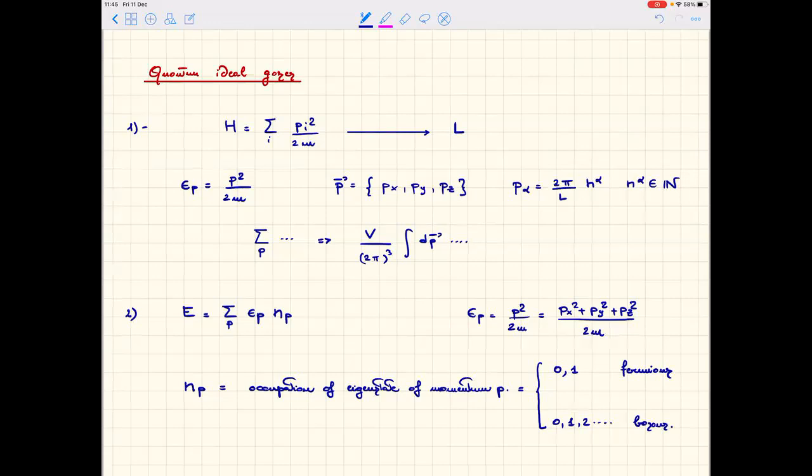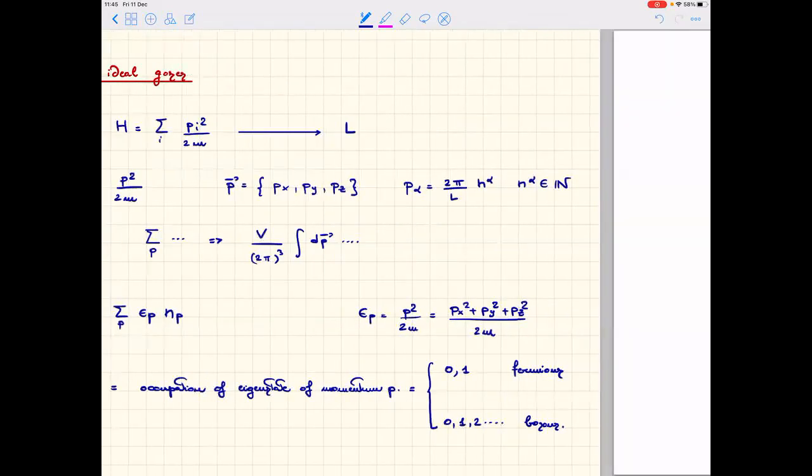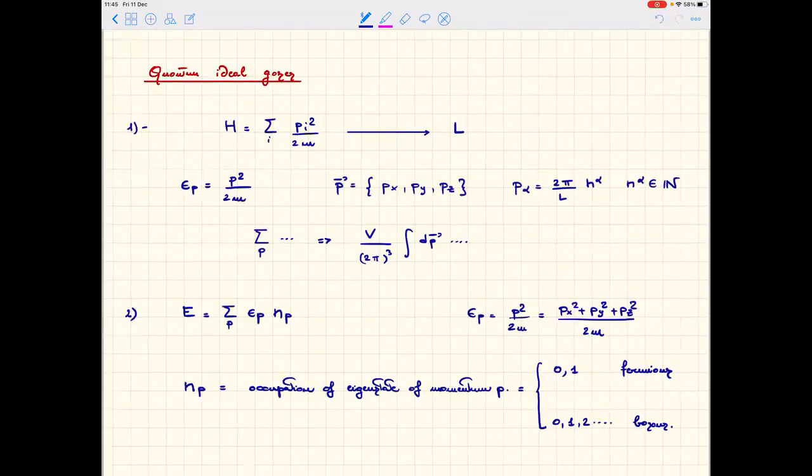Okay? So let's see now what is the consequence of this basic fact of life on the statistical mechanics of these particles. And in order to do so, let me compute the grand canonical partition function, which is a function of chemical potential, volume, and temperature.